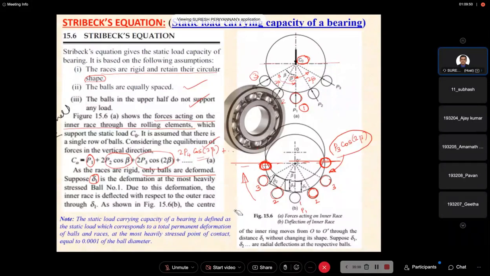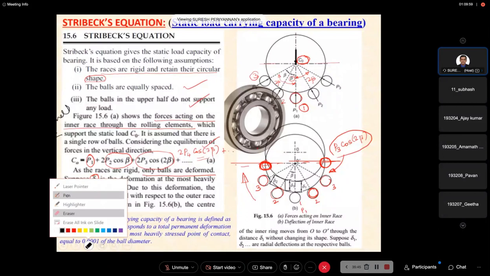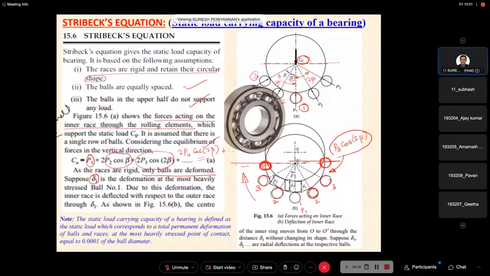Due to this deformation, the inner race is deflected with respect to the outer race. This is the original position before deformation, and this is the inner race after deformation.